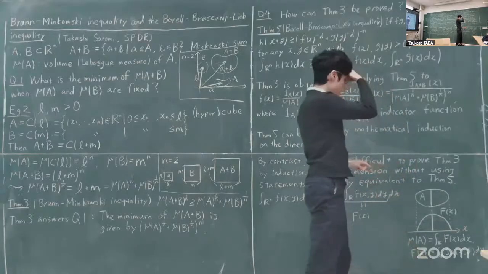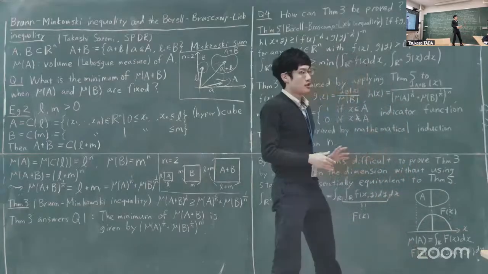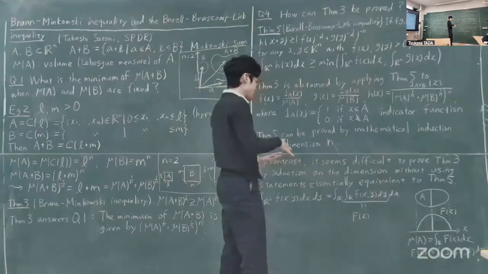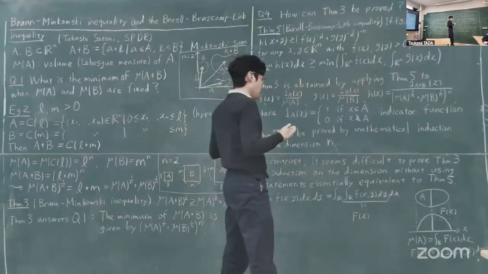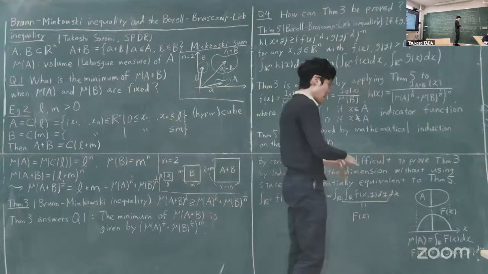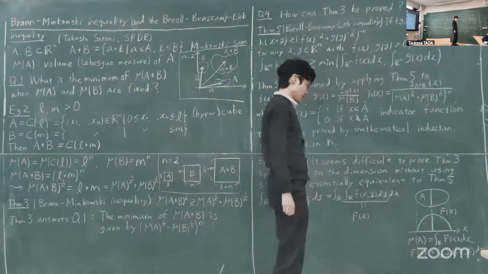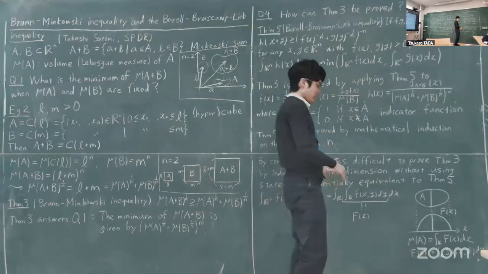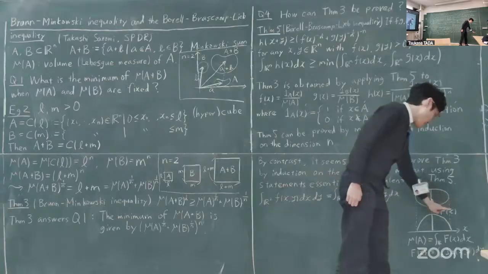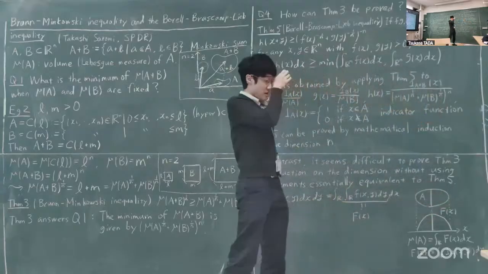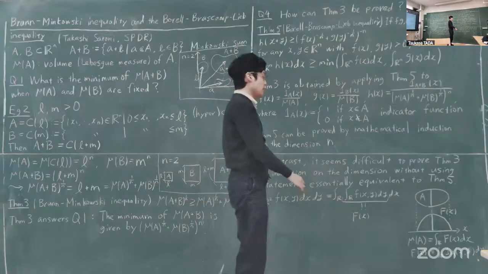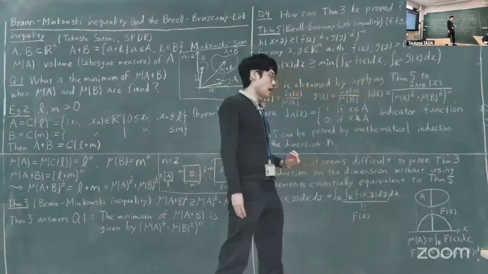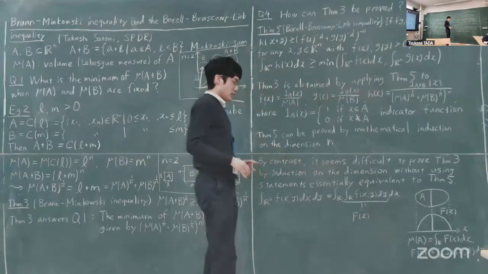Then the one-dimensional Brunn-Minkowski inequality is valid only for the indicator function on R. So a more general inequality applicable to any functions is required.